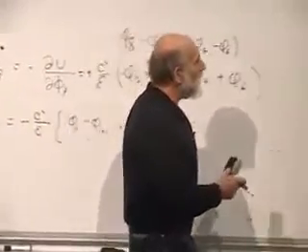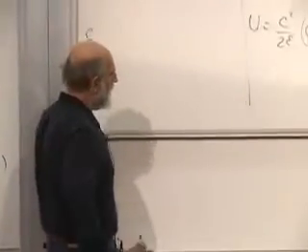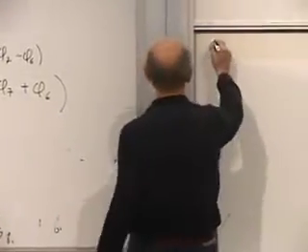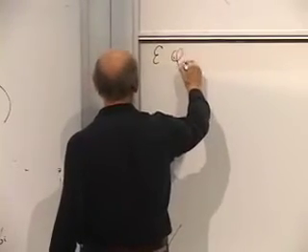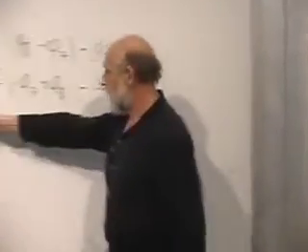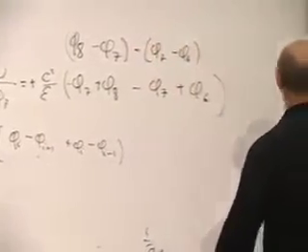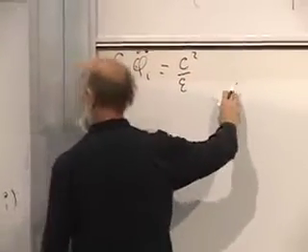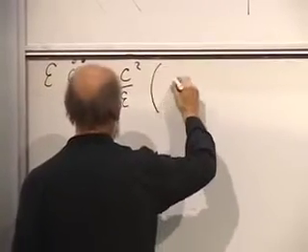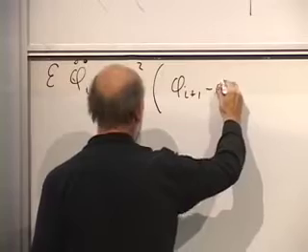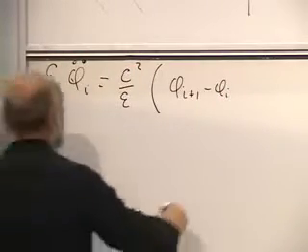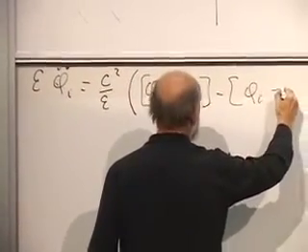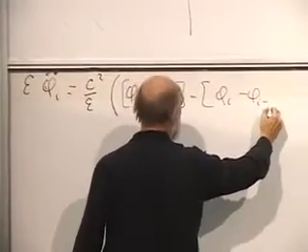And then, well, let's not divide. Let's just write down the equation of motion. Epsilon phi sub I double dot, I'm now letting 7 be I, is equal to c squared over epsilon times phi I plus 1 minus phi I, that's this one, minus phi I minus phi I minus 1.